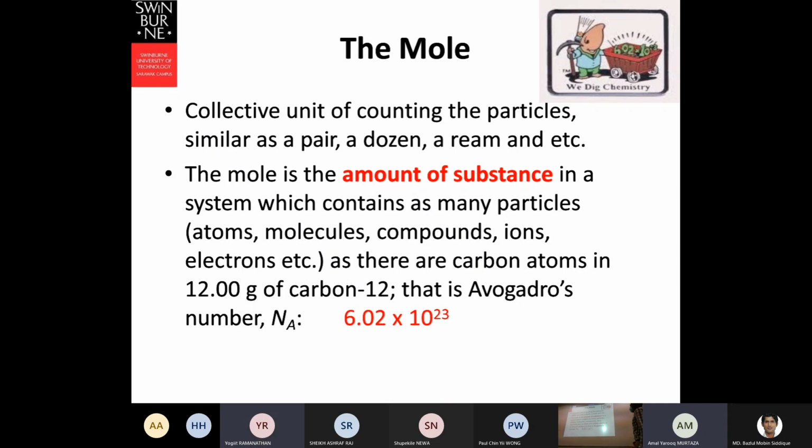This is how big the number is, can you imagine? 23 zeros after 10. I think it will come until here if I start writing. So Avogadro's number is a huge number.